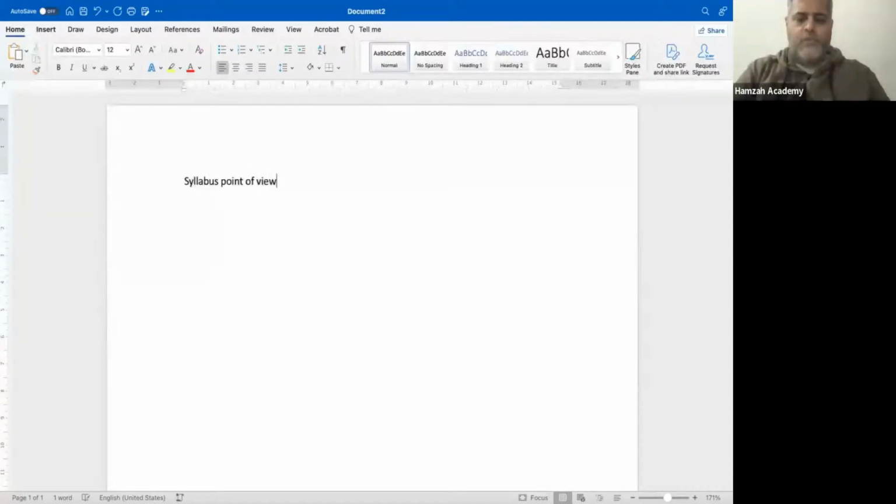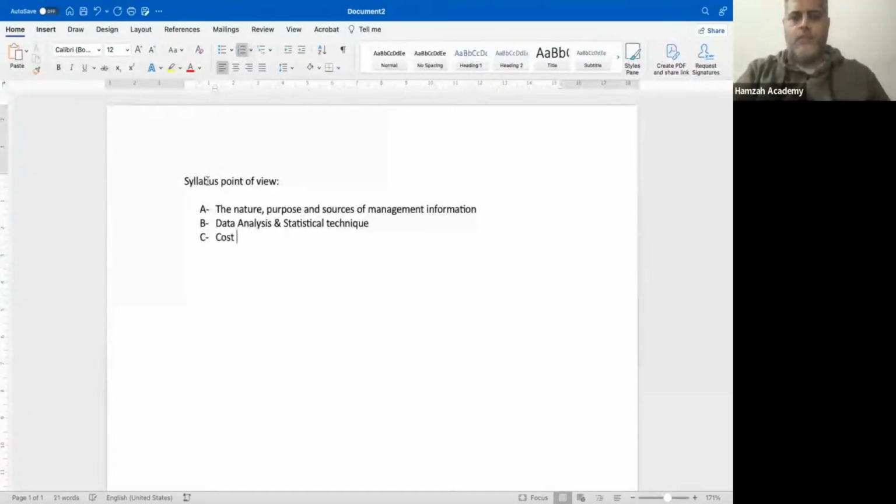From the syllabus point of view, we are going to have the nature, purpose, and sources of management information. We are going to have data analysis and statistical techniques.